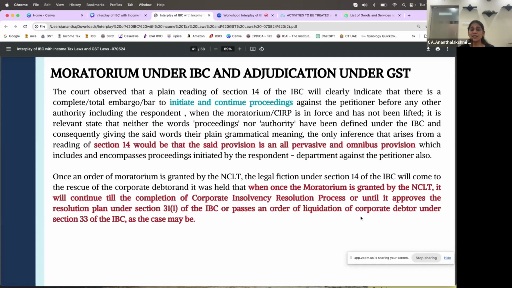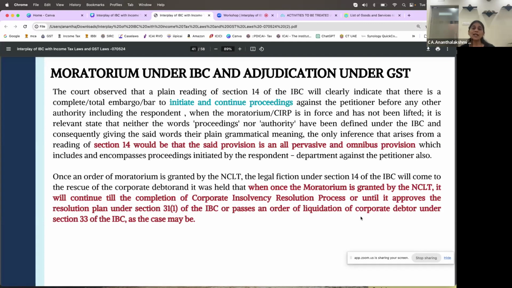The first point is that the CIRP process can stop in between. You know very well Section 12A, which says that on withdrawal of the CIRP, the moratorium comes to an end, and any person who has not issued notice can issue the notice.